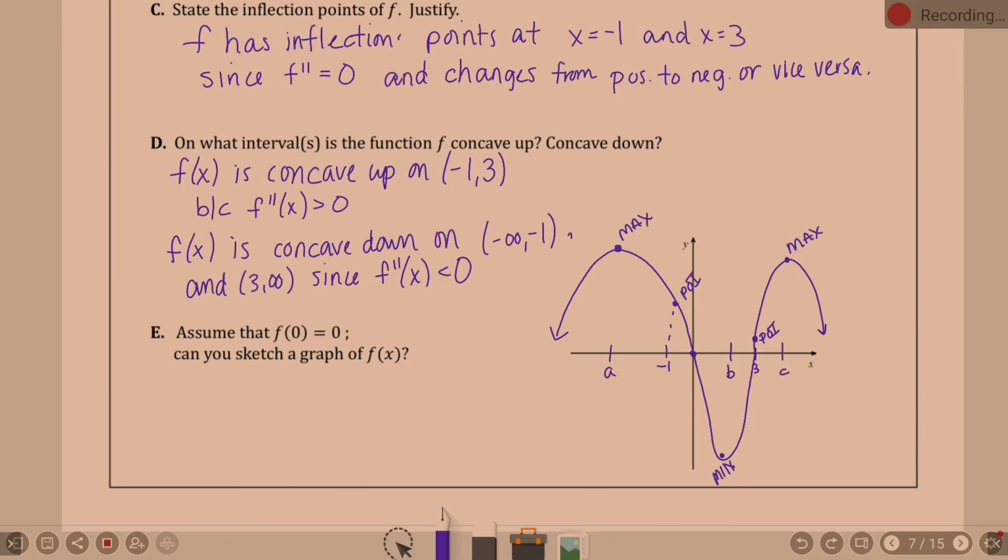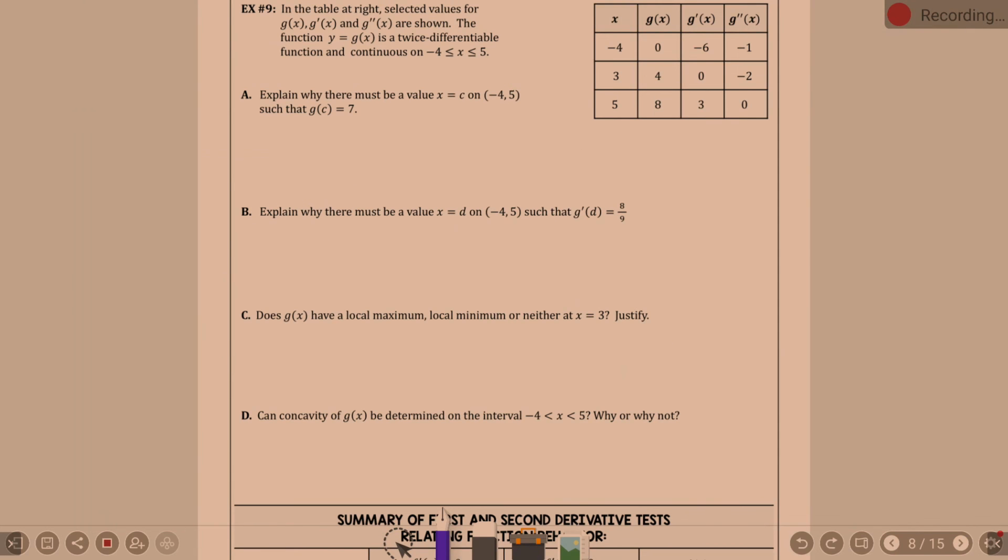Okay, so A: explain why there must be a value of some number c on the interval from -4 to 5 such that g of c equals 7. When they say the interval -4 to 5, isn't that what we are given here?